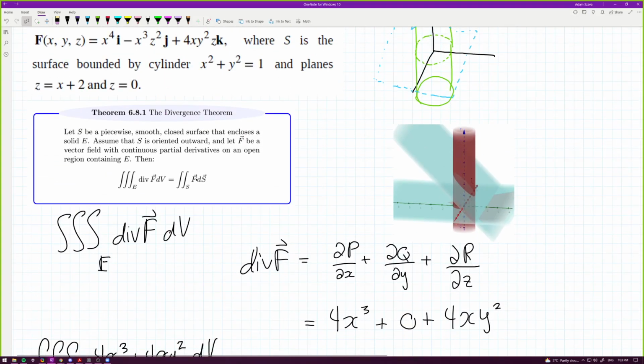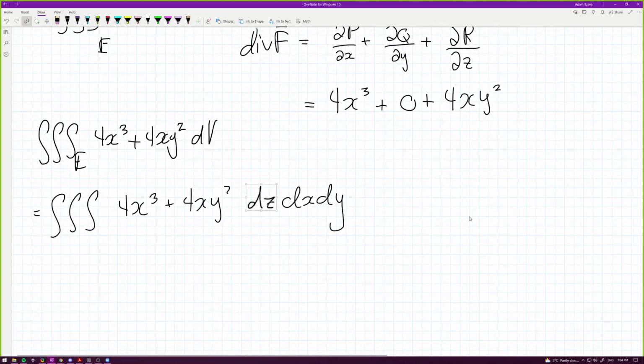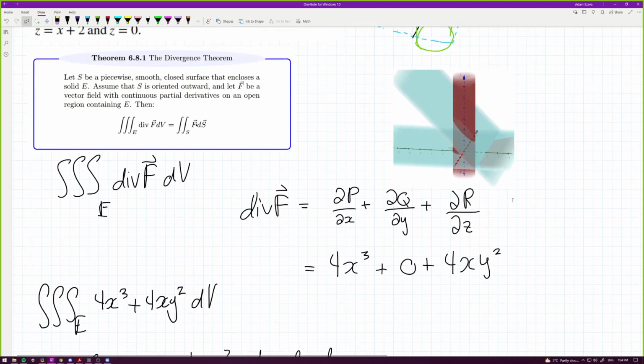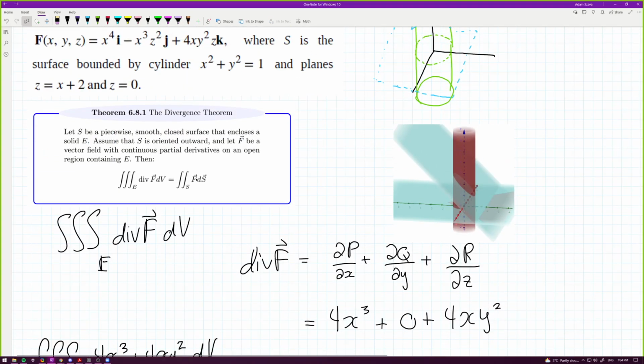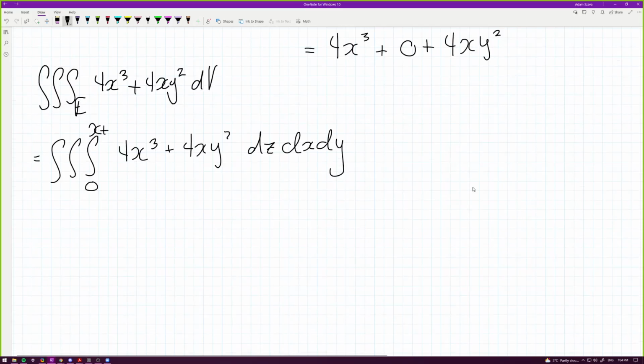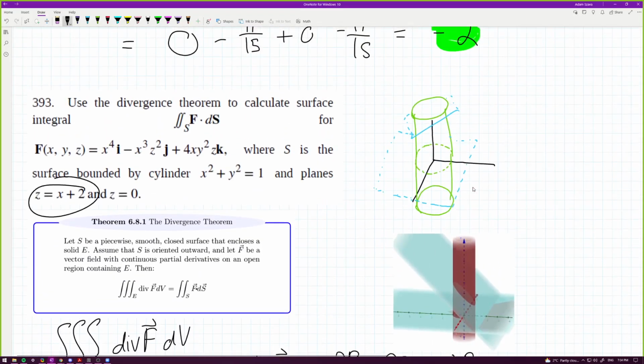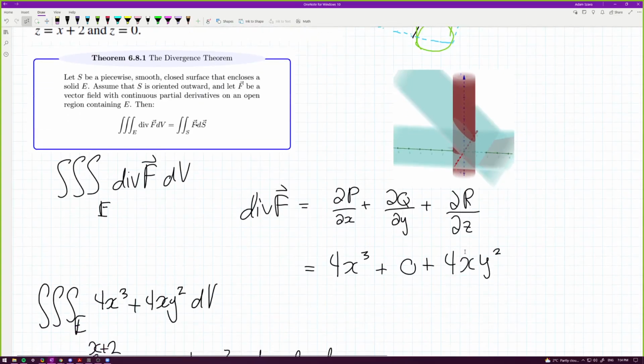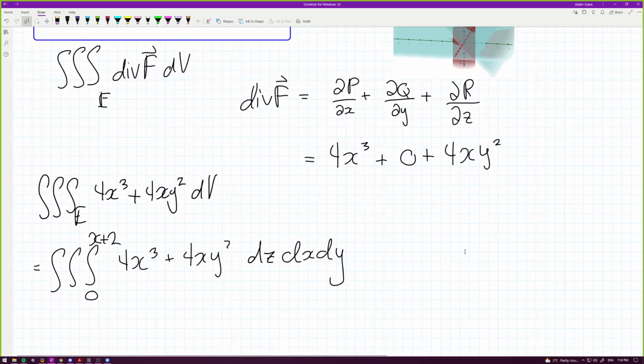If you're imagining the volume enclosed in that space, the lowest value is at z equals 0. If you needed to put a cap on the bottom of it, it would be the plane z equals 0, so 0 is our bottom bound. The top bound is the plane that's intersecting, which is given to us as x plus 2.